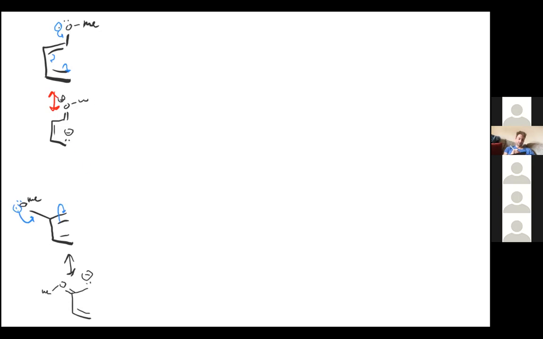So over here, your electrons ended up at the bottom of your molecule versus over here, they ended up at the top of your molecule. So the position of the OMe can make a difference.